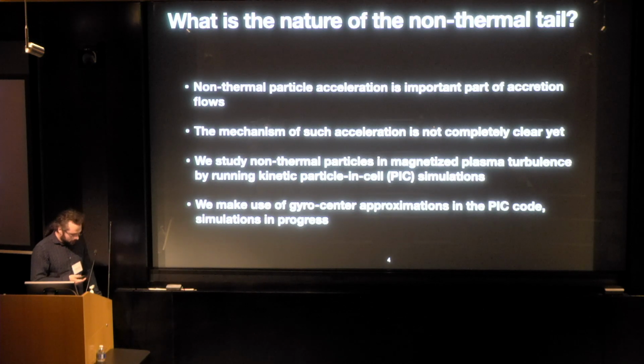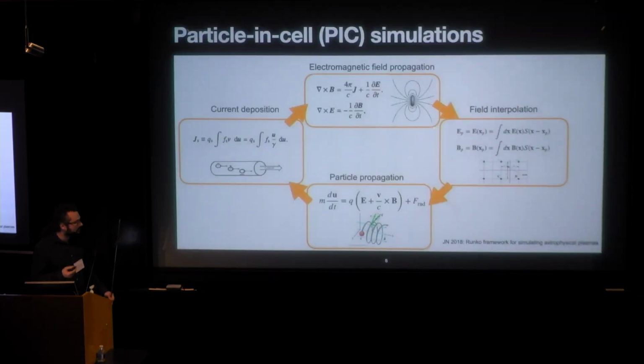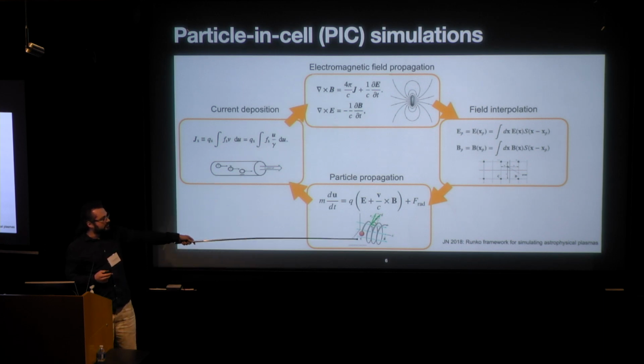So how do we study this magnetized turbulence while sitting in a room? Of course, by numerical simulations. We use the particle-in-cell simulation approach. It is very useful because it simulates the plasma from first principles. The basic components we have in our simulations are, of course, electric and magnetic fields, which accelerate the particles.